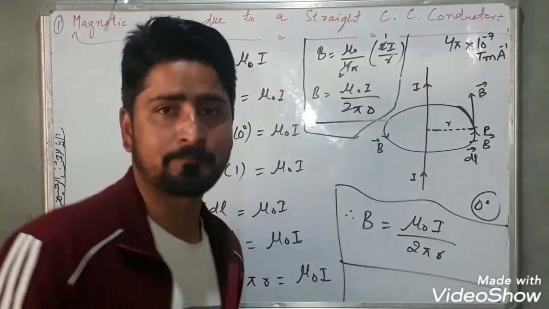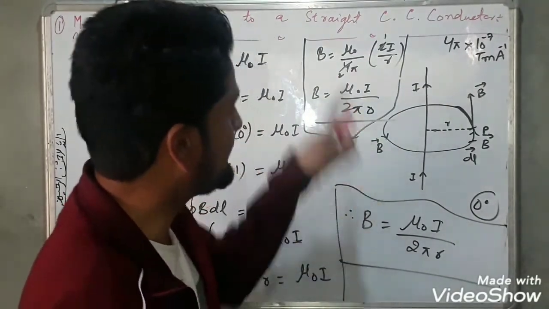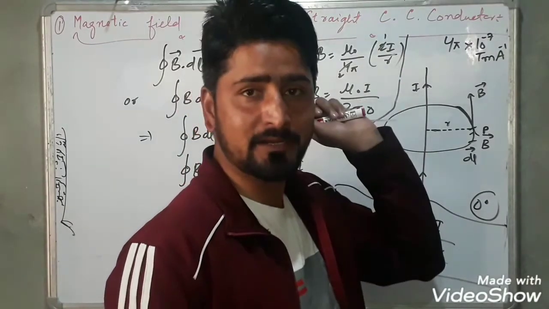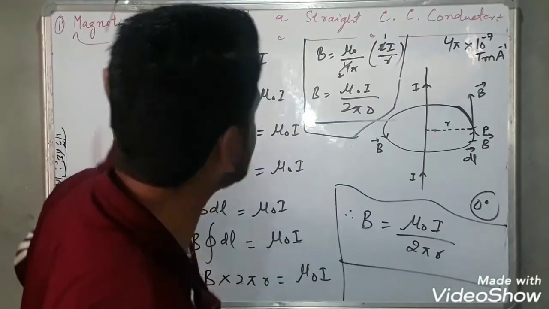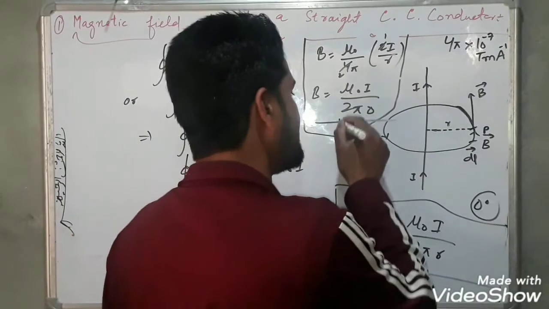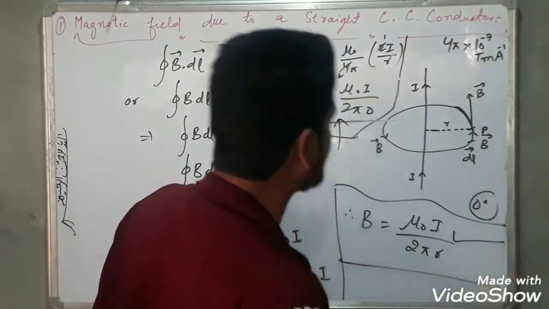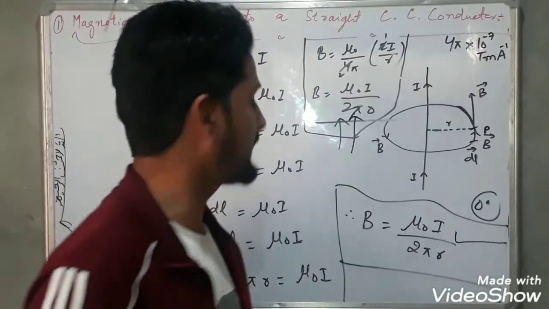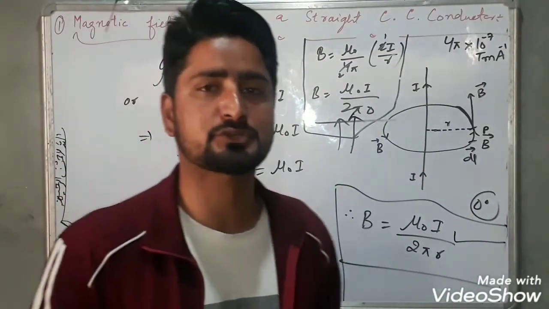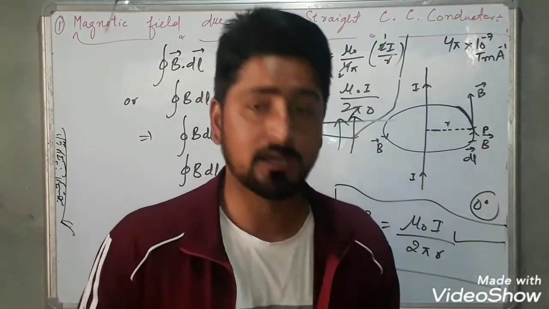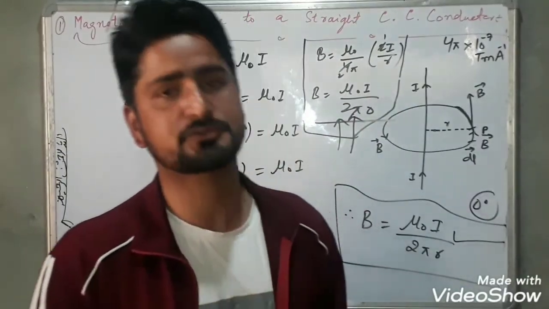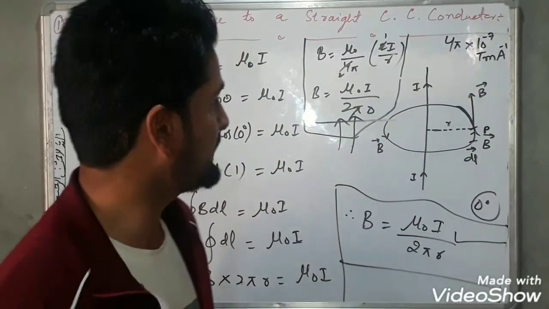This value is the same whether you calculate the magnetic field due to a straight current carrying conductor on the basis of Ampere Circuital law or using Biot-Savart's law. The value comes out to be B equal to mu naught I by 2 pi r. This is the first application of Ampere Circuital law, how to calculate magnetic field due to a straight current carrying conductor. Okay, thank you.